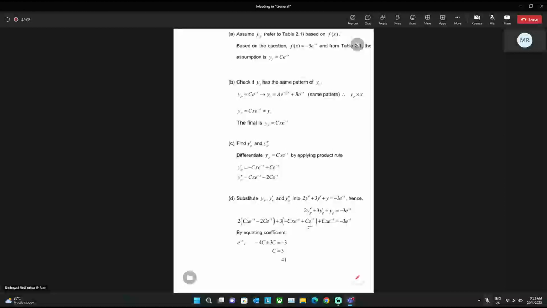So if you choose U equal to X, du/dx becomes 1. Then V equal to exponential negative x, dv/dx becomes exponential negative x times negative 1.